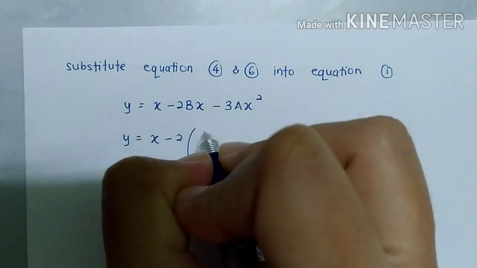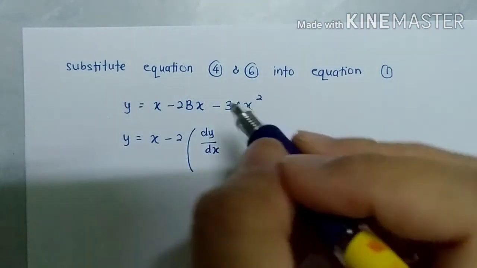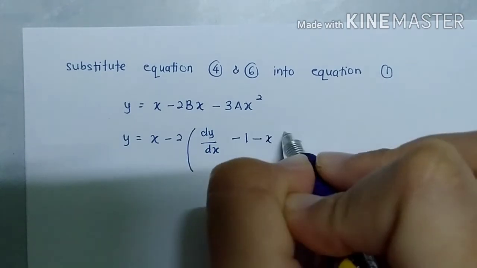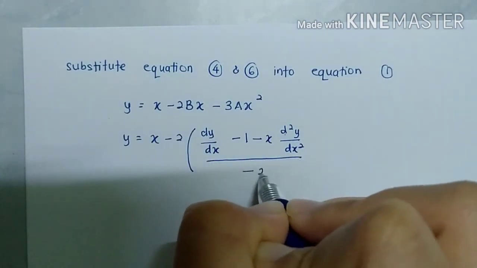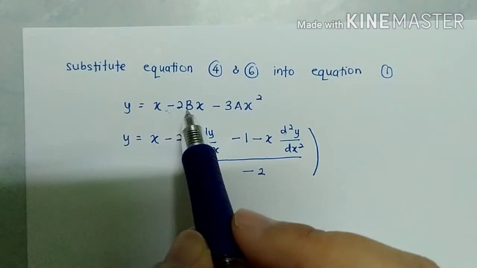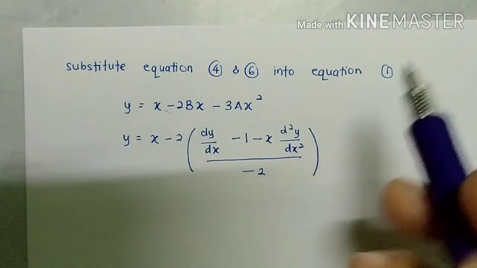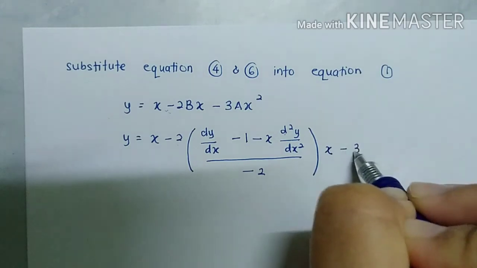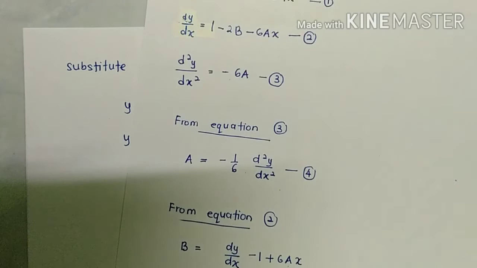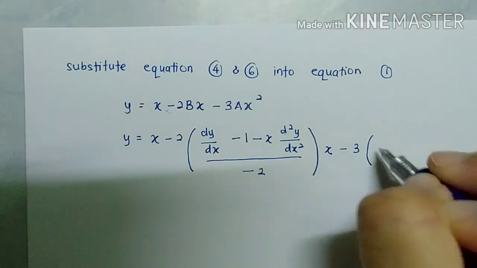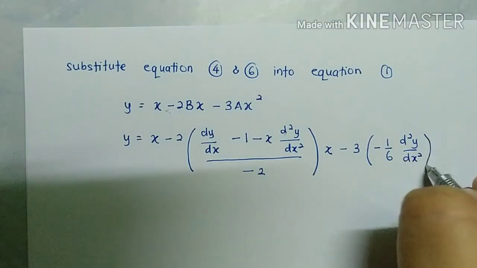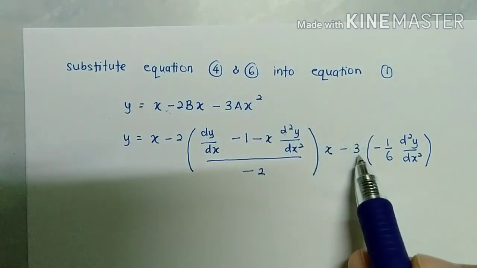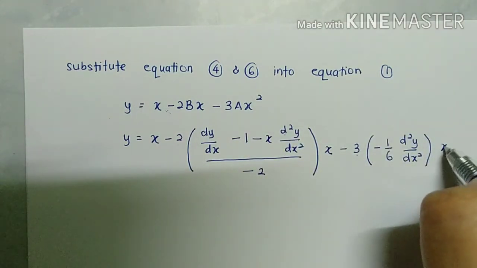So minus 2bx, this is b, and then x, minus 3a, where a is negative 1 over 6 d square y dx square, so minus 3ax square, so minus 3a, and then x square.